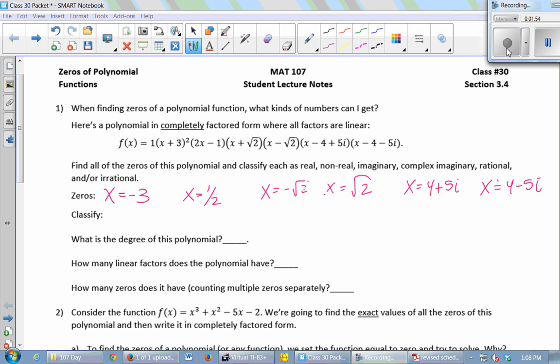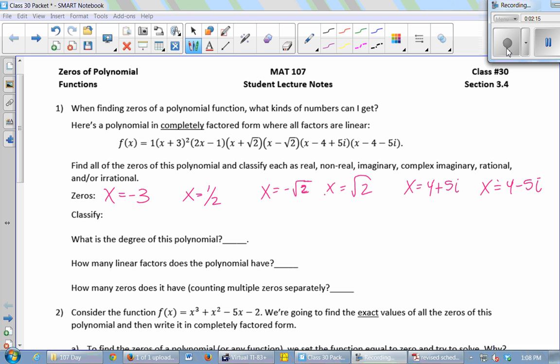So these are all different kinds of numbers. I'm going to classify each of them as a type that we have talked about. Which of these numbers are real numbers? -3, 1/2, and the radical 2s, plus or minus radical 2.